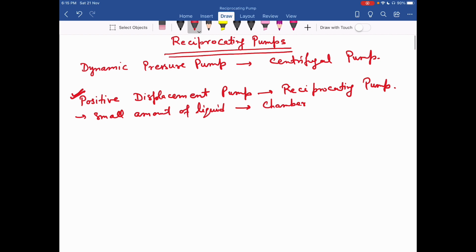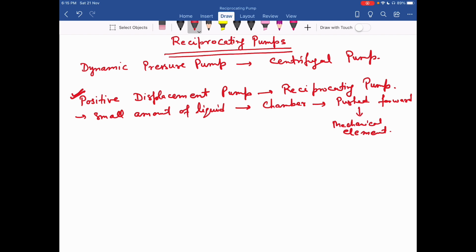And from that chamber it is pushed forward with the help of some mechanical element. This mechanical element physically pushes that liquid from the chamber to the higher level.